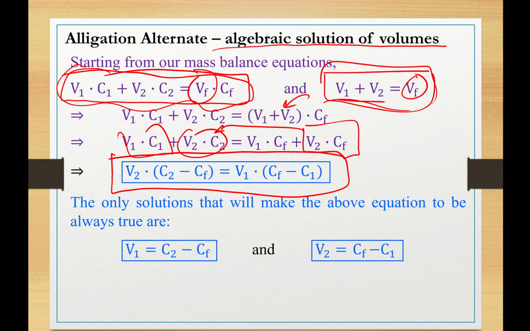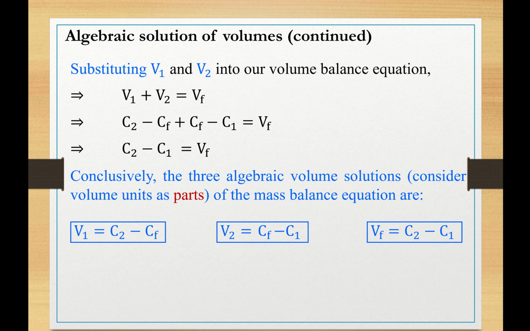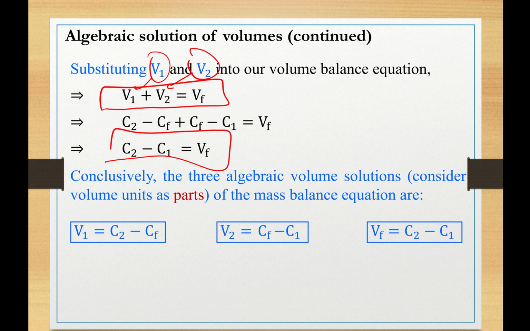And the only solutions that would make this equation true were V1 being equal to C2 minus CF and V2 being equal to CF minus C1. Now, when you go ahead and substitute, we know that VF is equal to V1 plus V2. Substitute V1 and V2 in this equation, and you end up with VF equal to C2 minus C1.